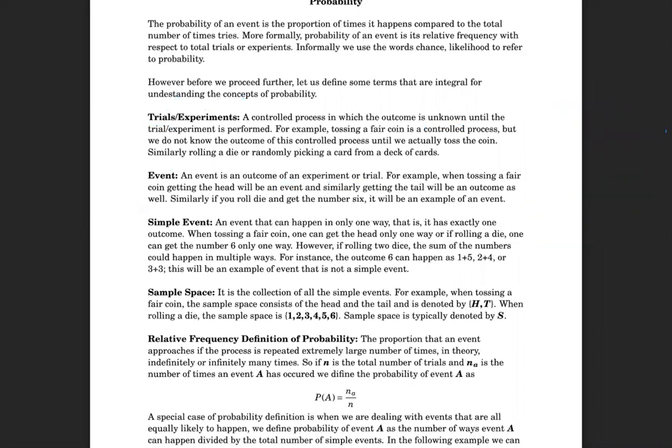So far, what we have defined are 3 things. Probability. Probability, in layman's terms, is the chance or likelihood of something happening. What is the probability that you will finish the semester with an A? There is a chance that you will finish the semester with an A in this class, in statistics, let's say.